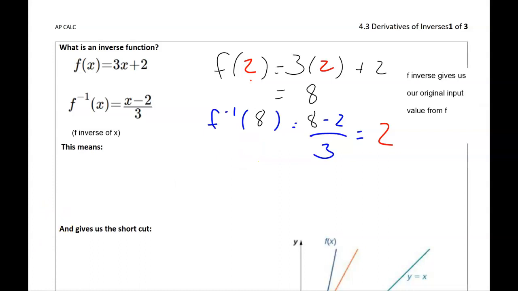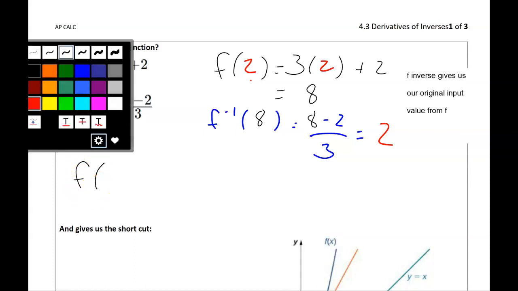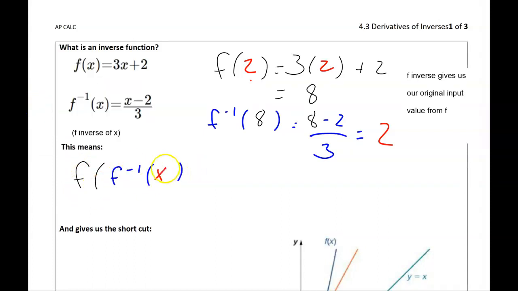So that's not a very complicated idea, I don't think, but we're going to write it in a more abstract notation because this more abstract notation is going to allow us to get to our derivative shortcut. So what we just said is that if I take f of f inverse of x, if I plug what f inverse spits out into f, this spits x back out.